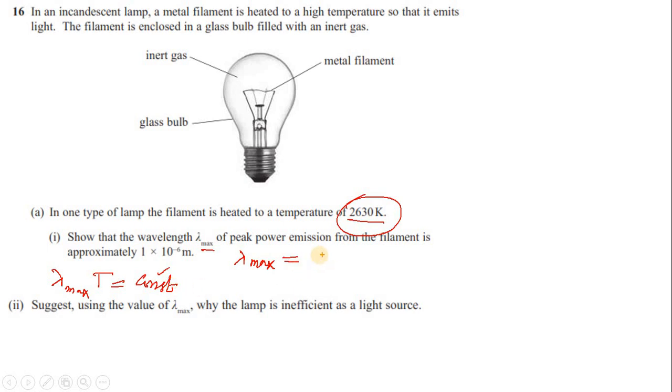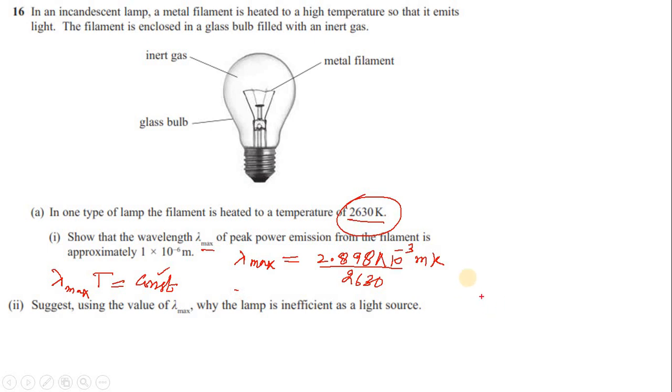Lambda max is equal to the constant, 2.898 times 10 to the power minus 3 meter Kelvin, divided by the temperature, 2630.